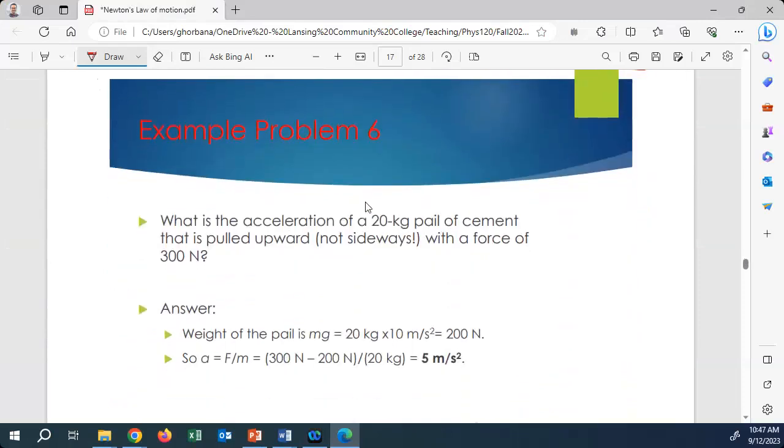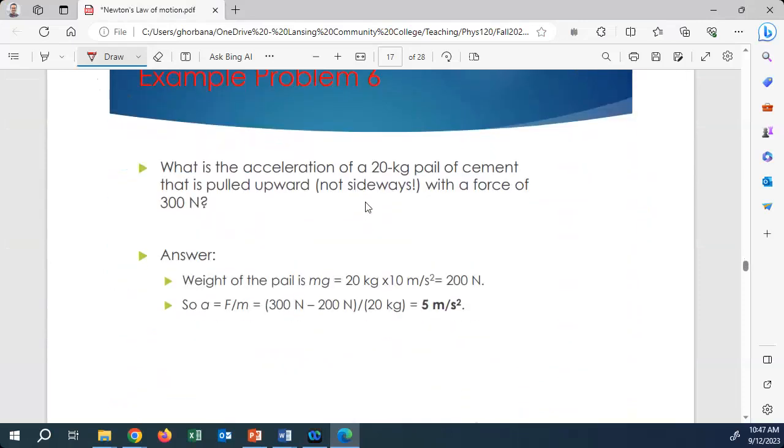Example problem 6. I'll give you time, okay? We have the final solution, but try to analyze.